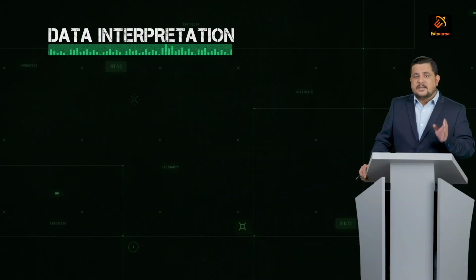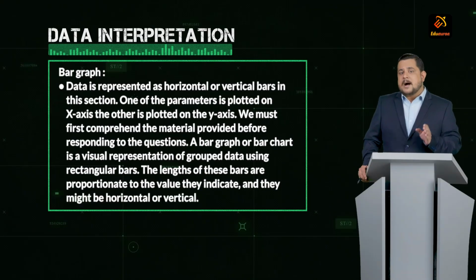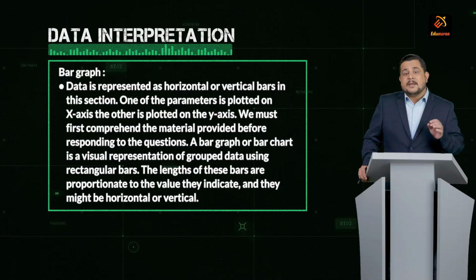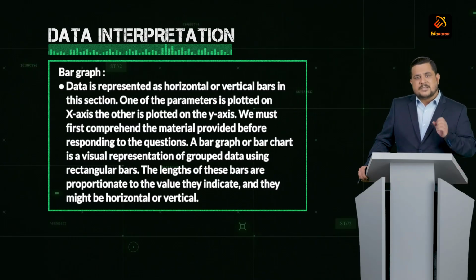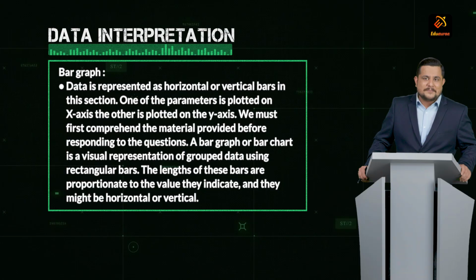So what is a bar graph? How will the bar graph DI come? With rectangular bars, a bar graph or a bar chart represents explicit data. The heights and lengths of these bars are proportionate to the data values they show.